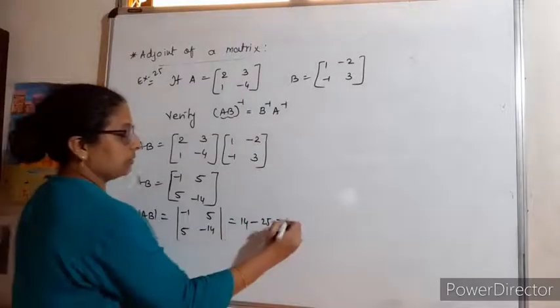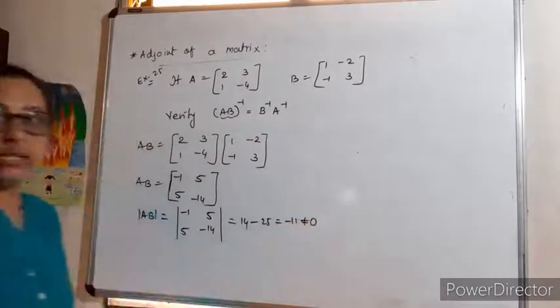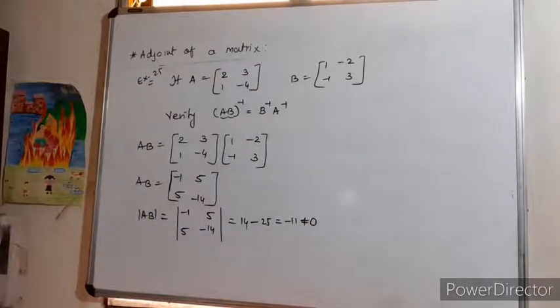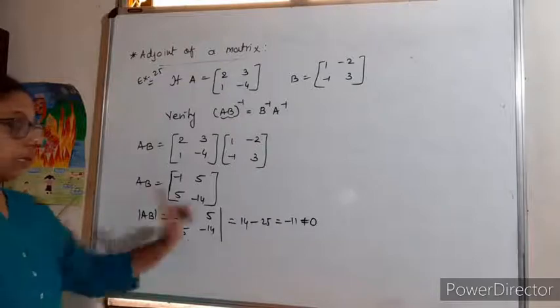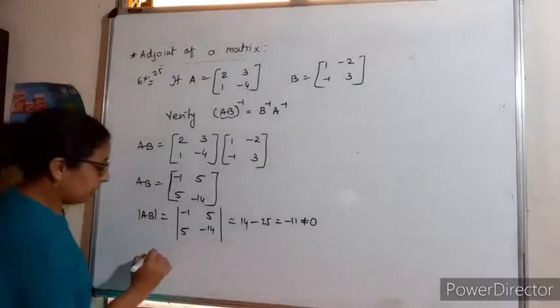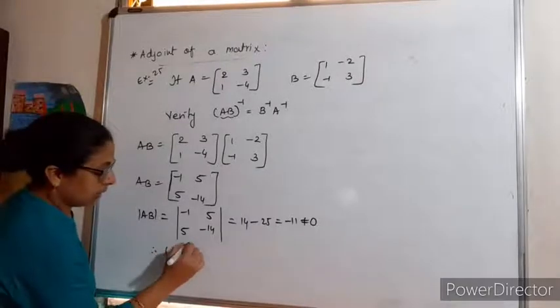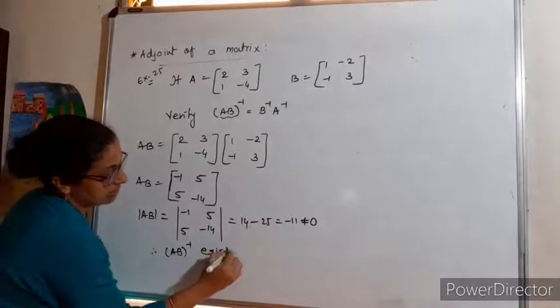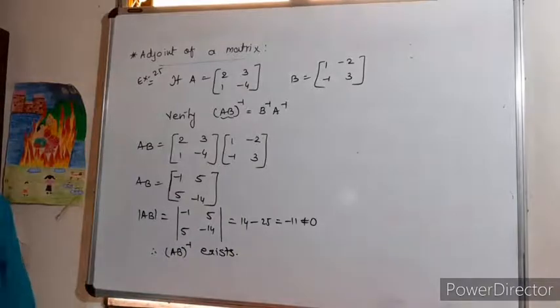What is it? Minus 11, which is not equal to 0, right? Yes or no? And therefore AB is a non-singular matrix. Therefore AB inverse exists.